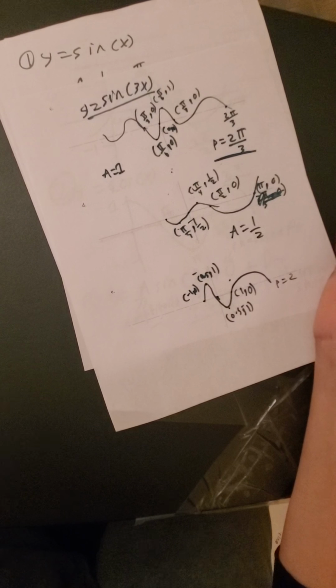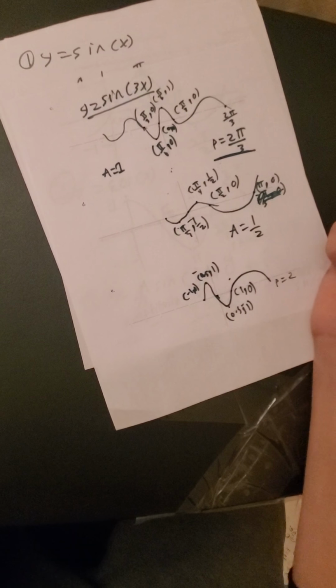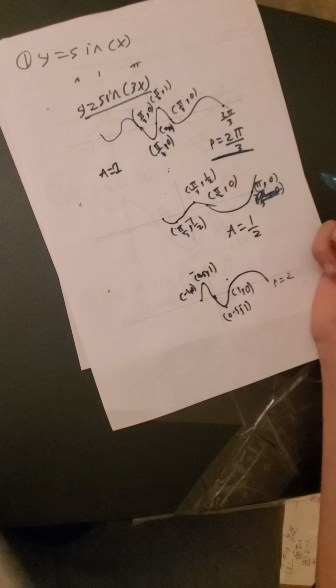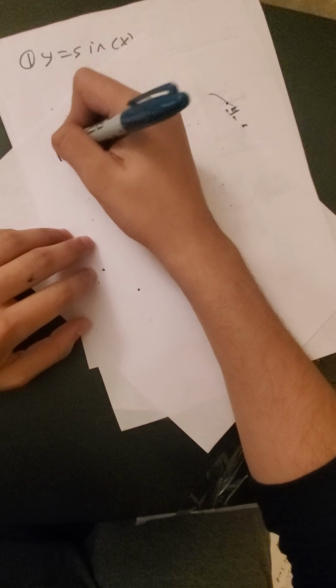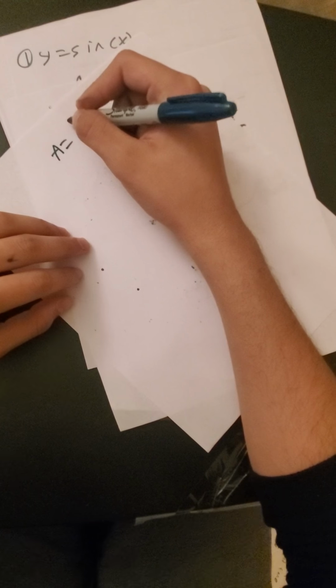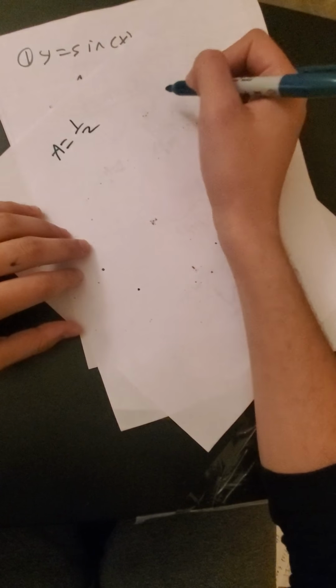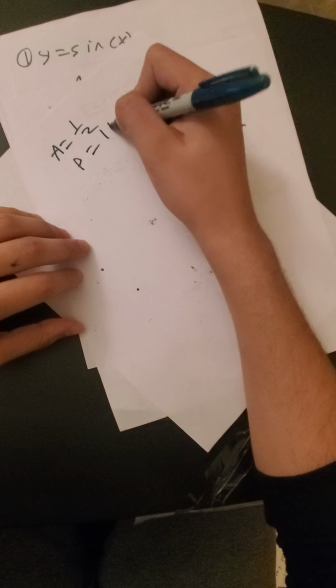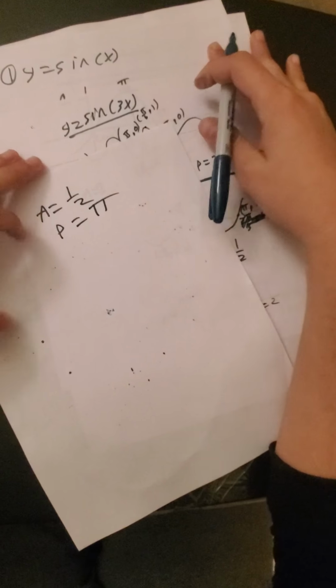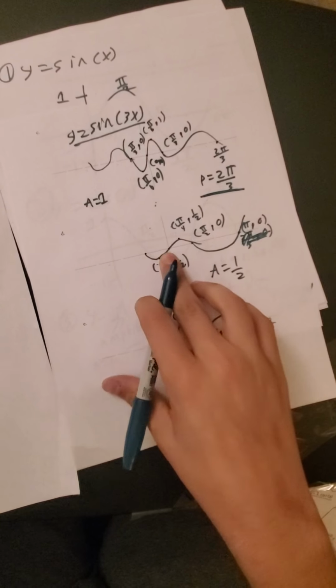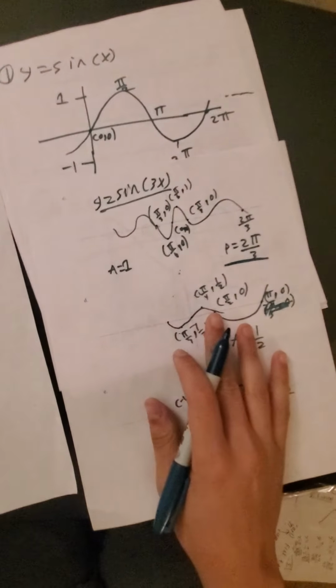So it was kind of cut in half. So there's two things that we need to change: the fact that A equals 1/2 and that the period equals pi when compared to the graph of sine of x, because this one goes through the origin, that's why I chose sine of x.